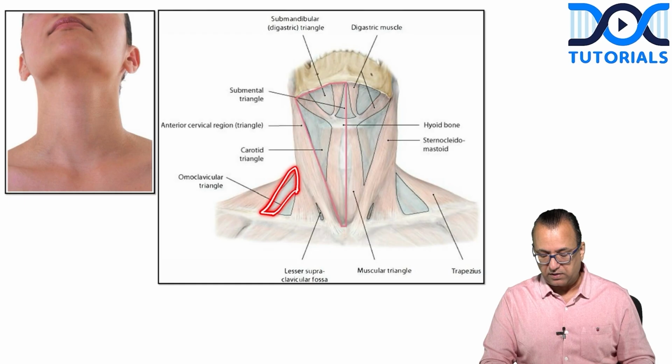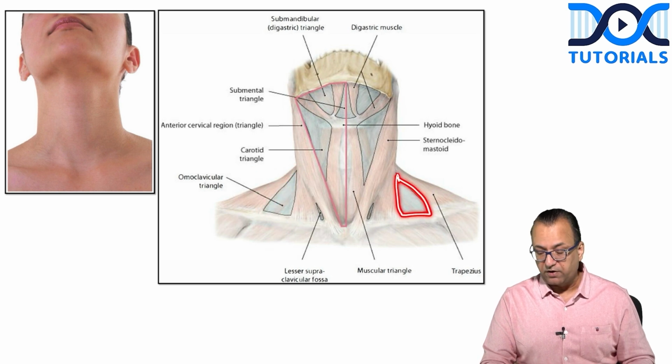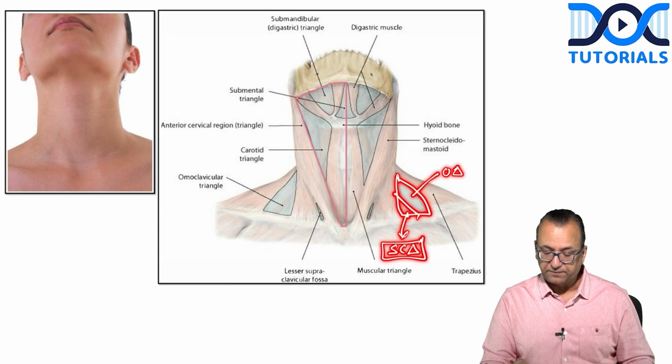There is an occipital triangle and there is a subclavicular triangle. Occipital triangle and subclavicular triangle, because it is under the clavicle, subclavicular triangle.